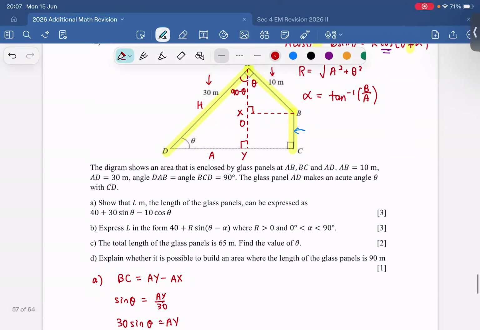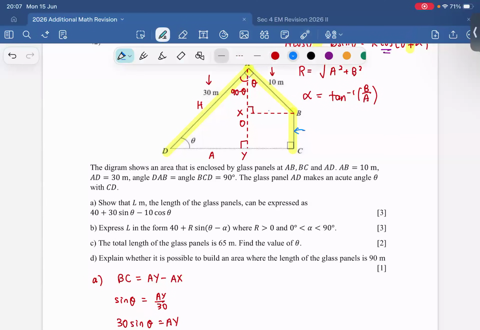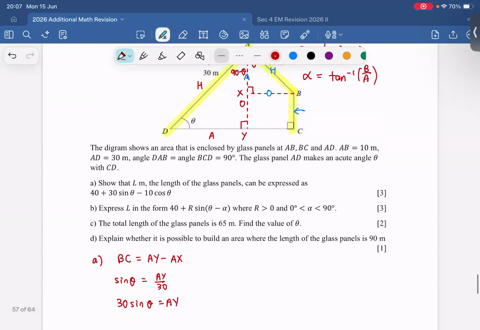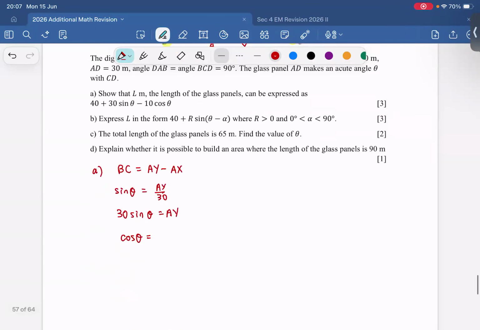Okay, next I want to find my AX. I use this triangle. So this is my opposite, this is my hypotenuse, this is my adjacent. So I would have cosine theta equals AX over 10. So AX equals 10 cosine theta.